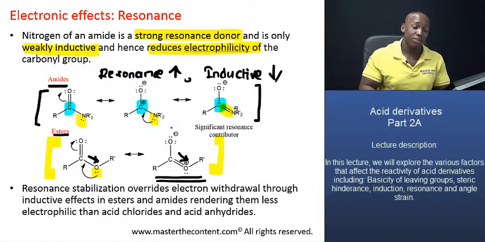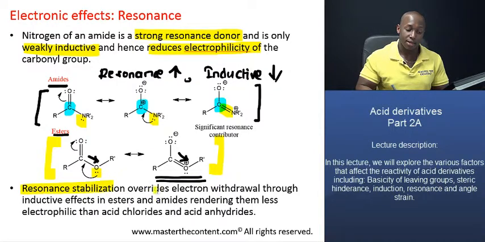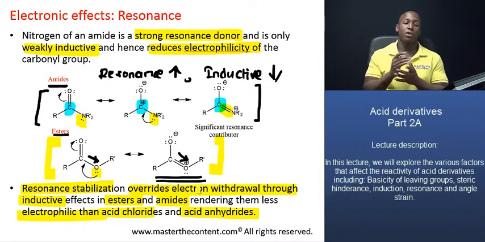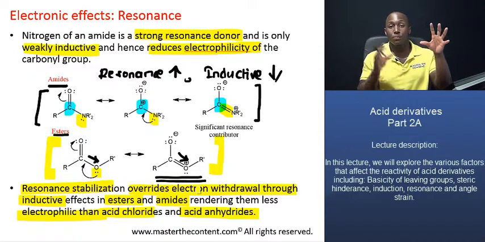So that's pretty much what I want to point out in this slide, that resonance stabilization actually overrides electron withdrawal through induction in the case of esters and amides, which makes them less electrophilic than acid chlorides and acid anhydrides. So I hope that you are understanding what we're talking about in this case. We have two competing effects.